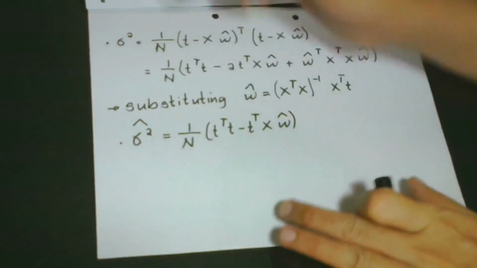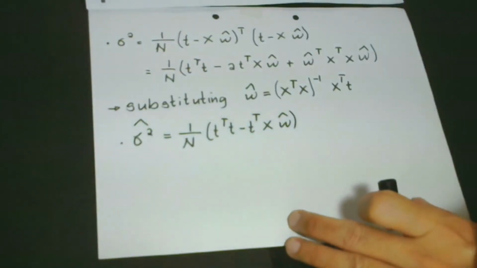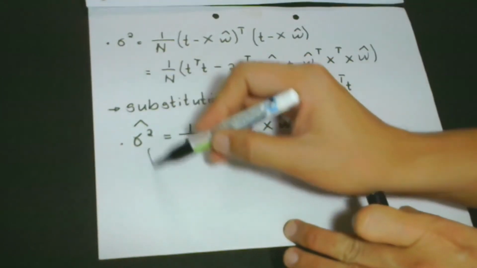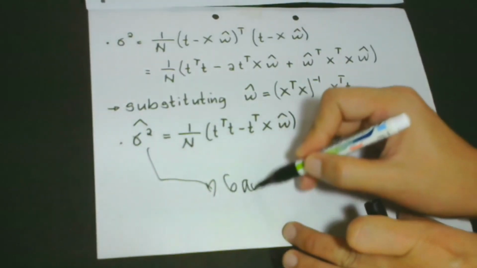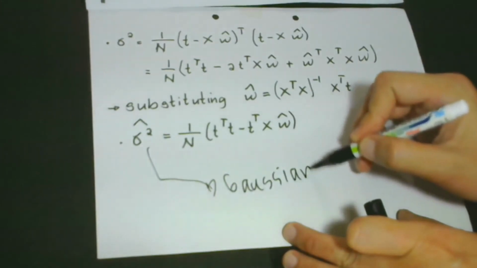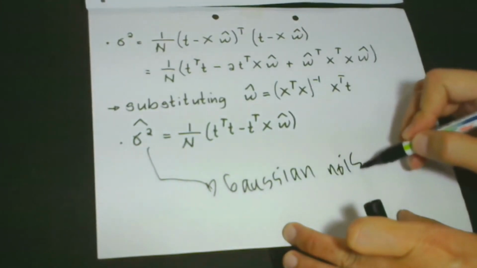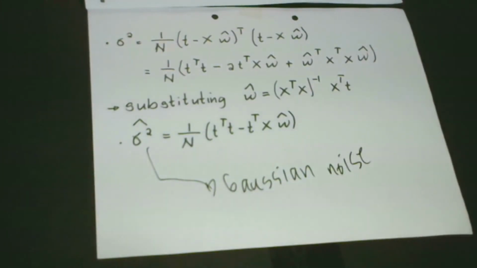So what does sigma squared hat mean? This tells us the variance of the Gaussian noise. Let me write here, this is the variance of the Gaussian noise.